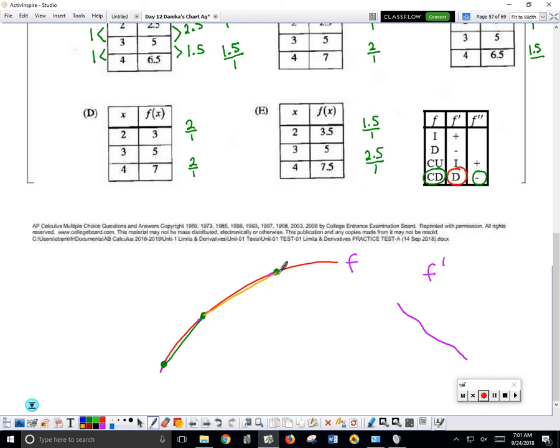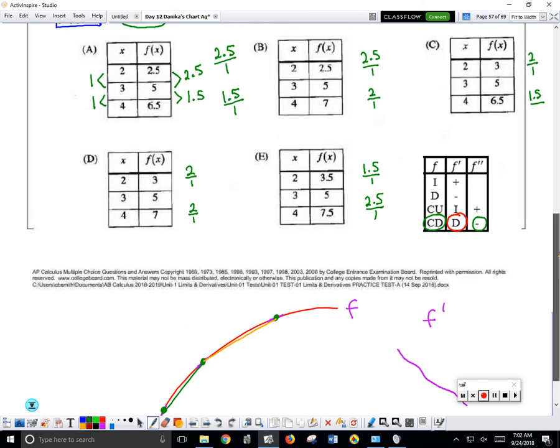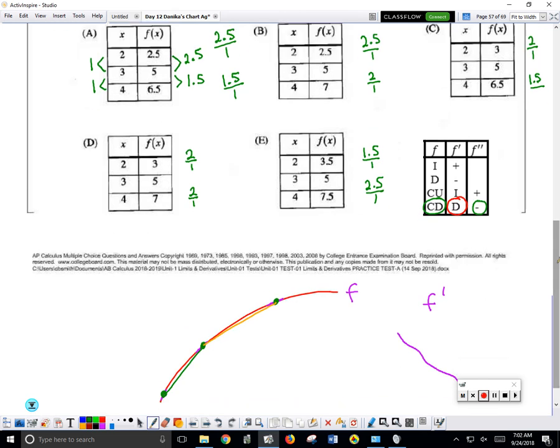So this secant slope turns out to be, at least for the first table, 2.5. That's between points x equal 2. This is 2 comma 2.5. This one's at 3 comma 5.